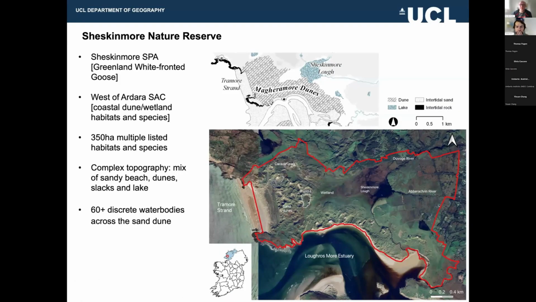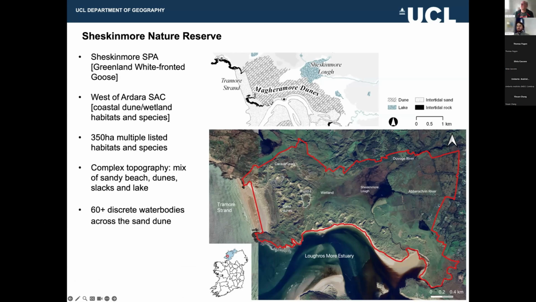So, more information about the site. Sheskinmore Nature Reserve is one of the most important nature reserves in Ireland. It is designated as a Special Protection Area and Special Area of Conservation, and it is also home to multi-listed habitats and species.